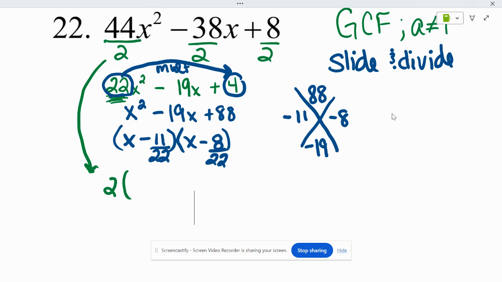Math 1 says, hey, do you want your answer to be a fraction? So what do you get? What is 11 divided by 22? I just heard you say it, Noah. So this is x minus 1/2. And then what is 8 divided by 22 as a simplified fraction? Yeah, x minus 4 over 11.